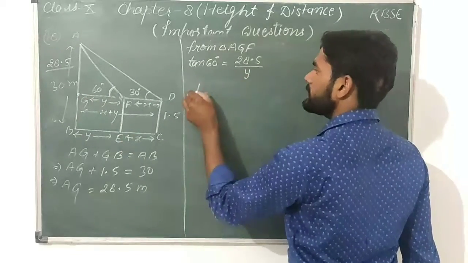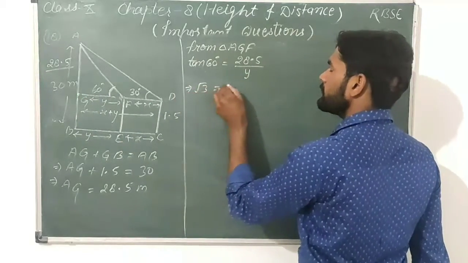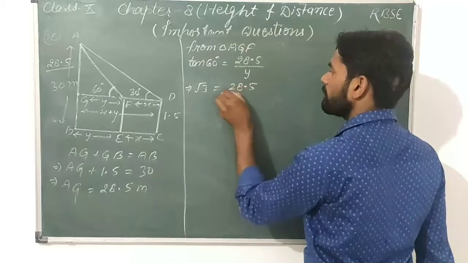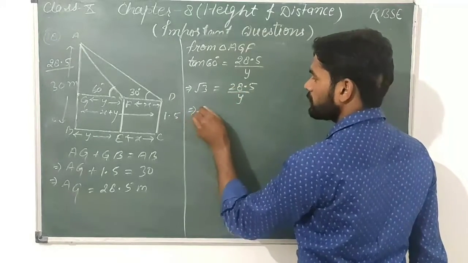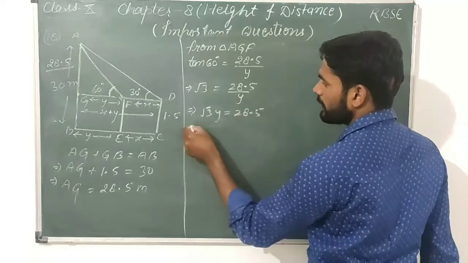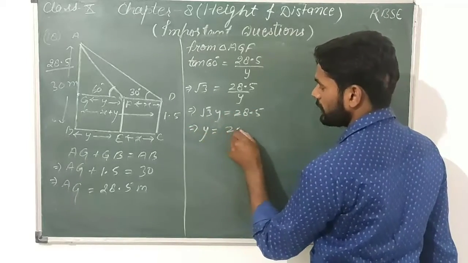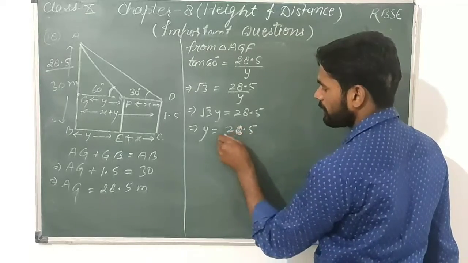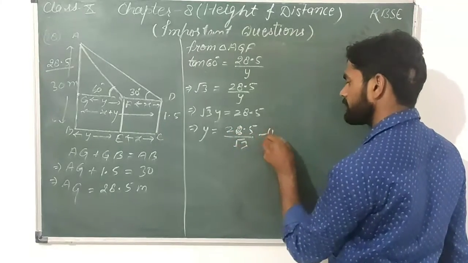Tan 60 is root 3, which is equal to 28.5 upon y. Root 3 y is equal to 28.5. Finally y is equal to 28.5 upon root 3. It is the first equation.